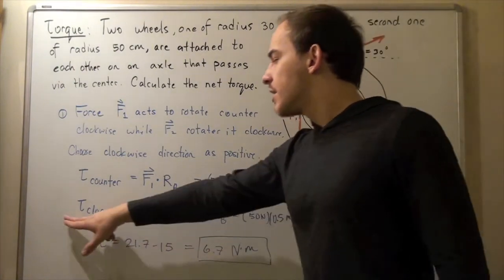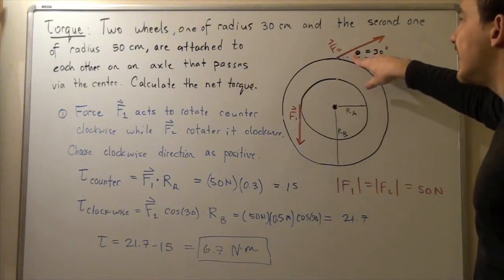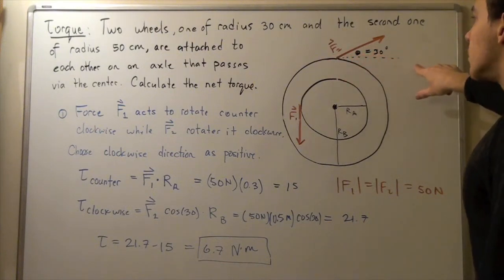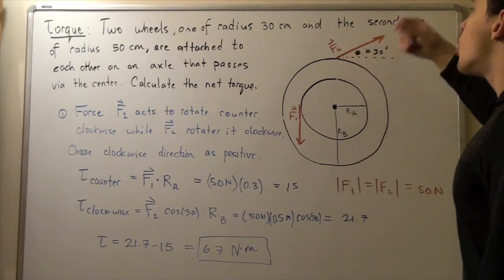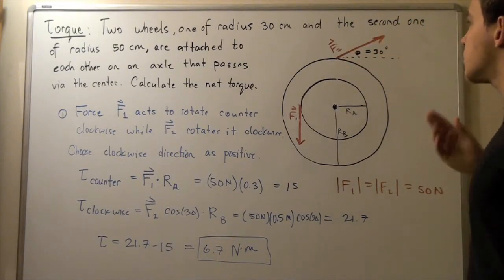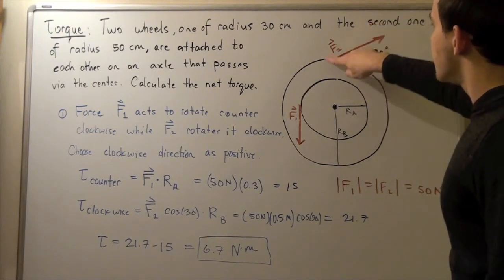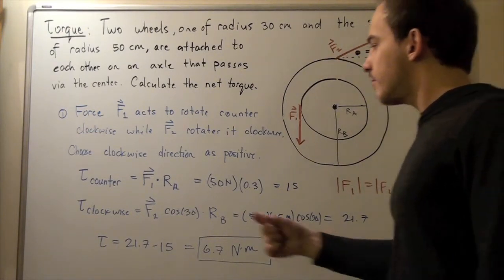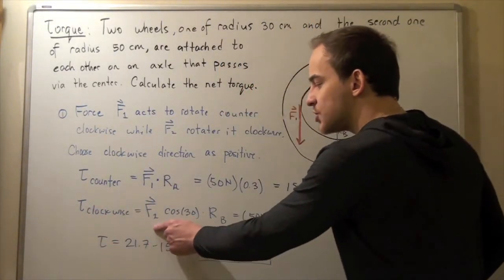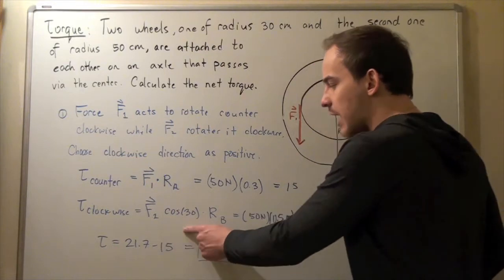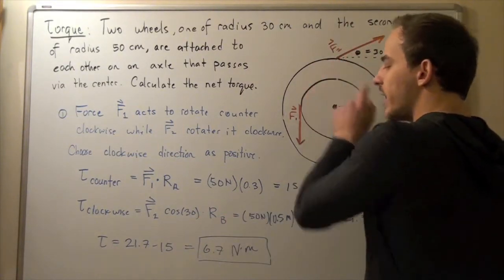Now let's find the torque in the clockwise direction. Once again, we want to find the X component of the force. So we have to multiply our magnitude of force by cosine of this angle, because cosine is adjacent over hypotenuse, so the adjacent side is the angle's cosine multiplied by our magnitude. So the torque clockwise equals the magnitude multiplied by cosine 30 multiplied by the lever arm, this distance, the radius.